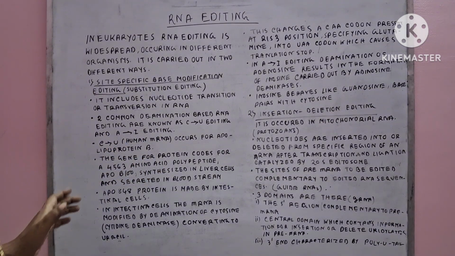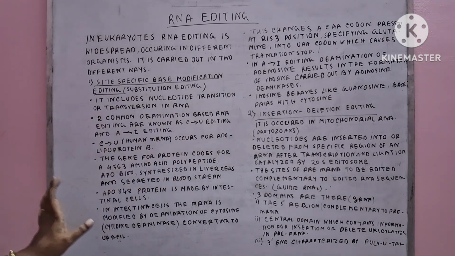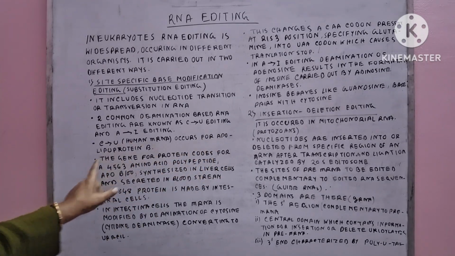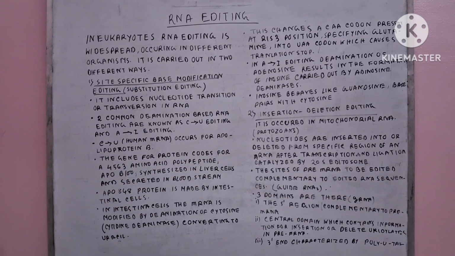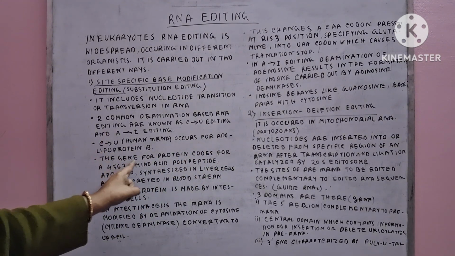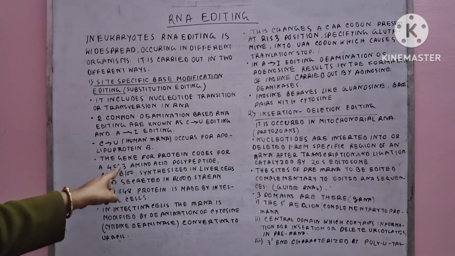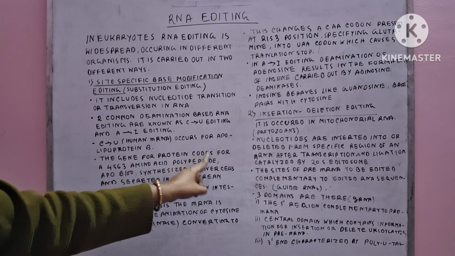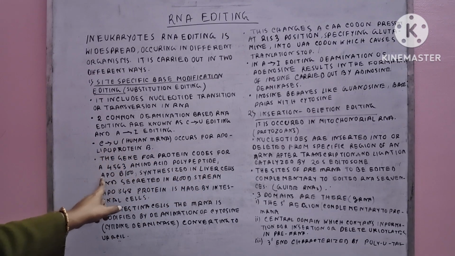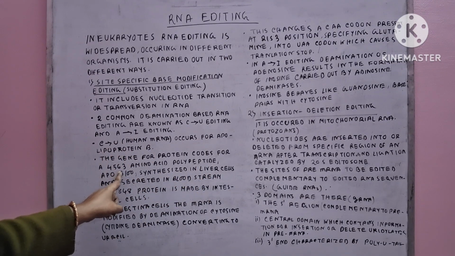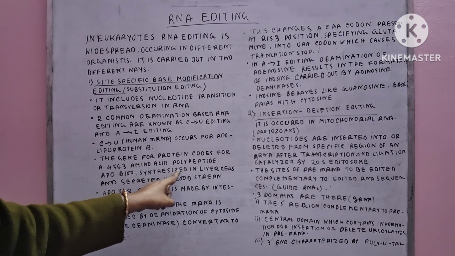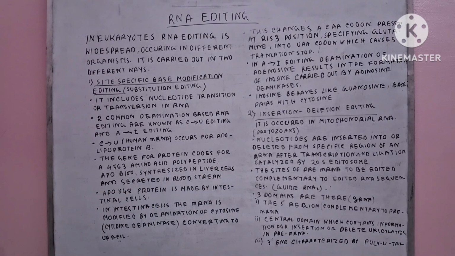Okay, and this occurs with the help of a protein called apolipoprotein B. The gene for the protein codes for a 4563 amino acid polypeptide, ApoB100, that is synthesized in the liver cell and secreted in the bloodstream.